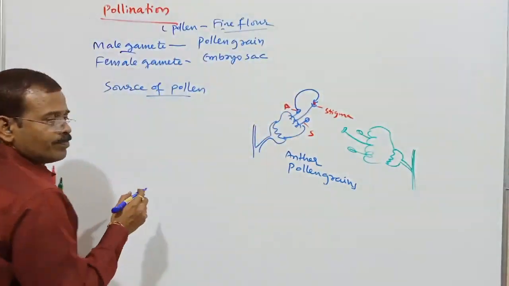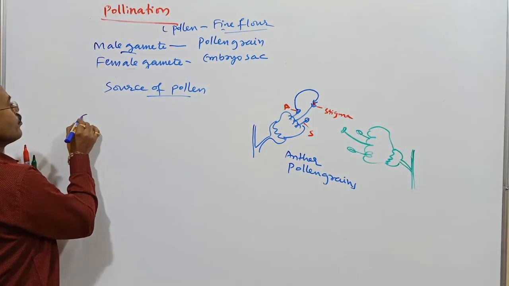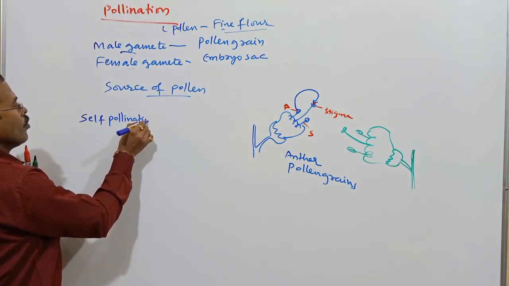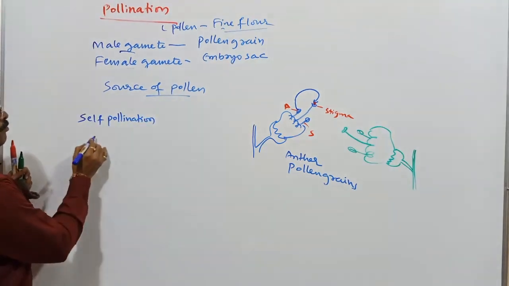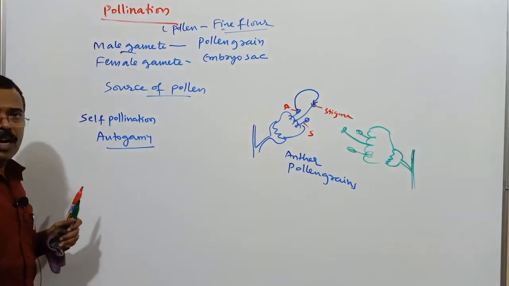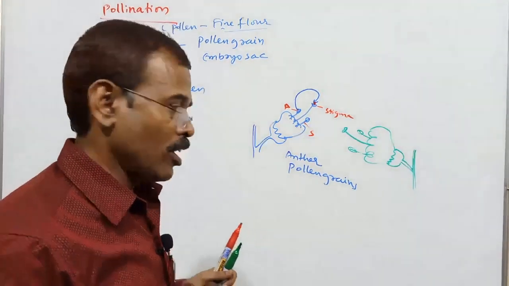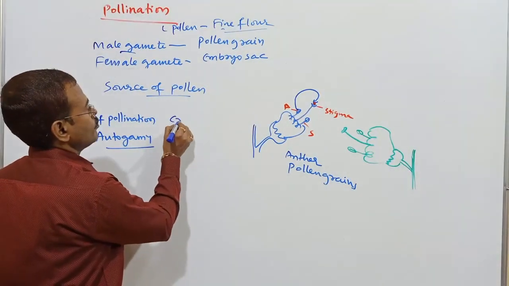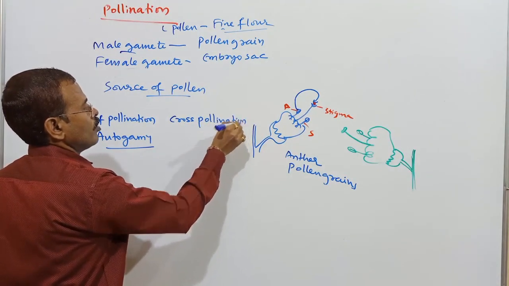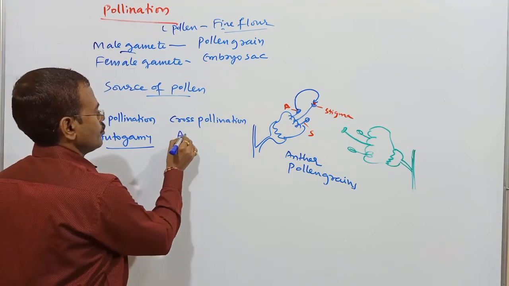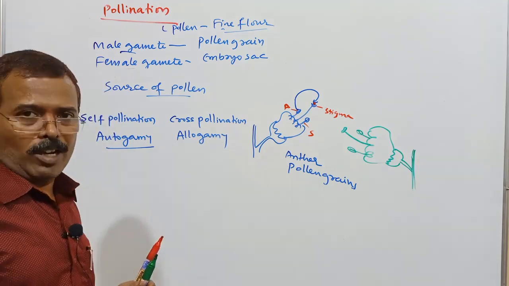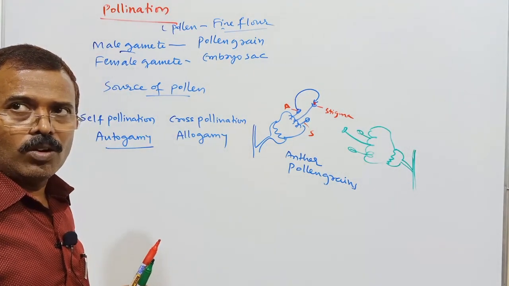So mainly we will group it into self-pollination, which is called autogamy, and another one, cross-pollination, that is called allogamy.